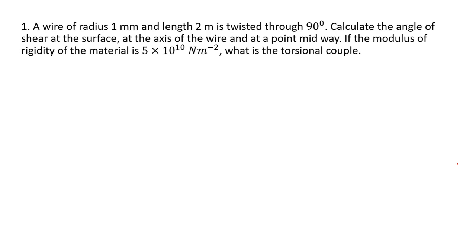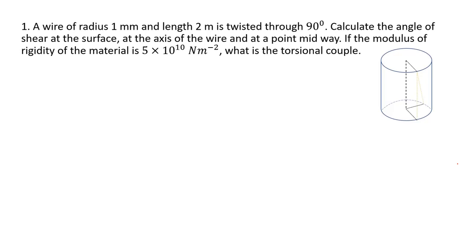So, this question can be divided into two portions, where in the first portion it is asked to find the angle of shear at three different points. Here we have a rod which is being twisted through an angle of 90 degrees.